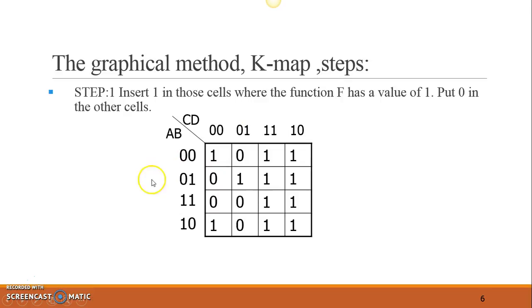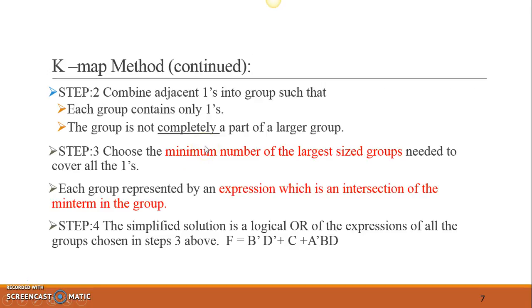For that, if we closely watch, C varies from 0 to 1, but D does not vary. So D dash is one of the literals I should include. Then here 0, 0 does not change, so B dash is there. So B dash D dash is another combination. One has to put it as another logical OR along with C.